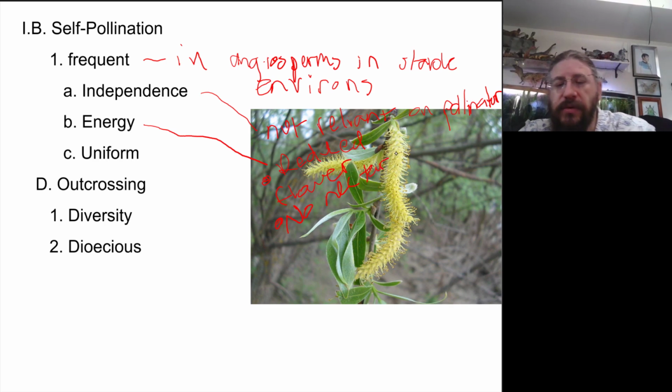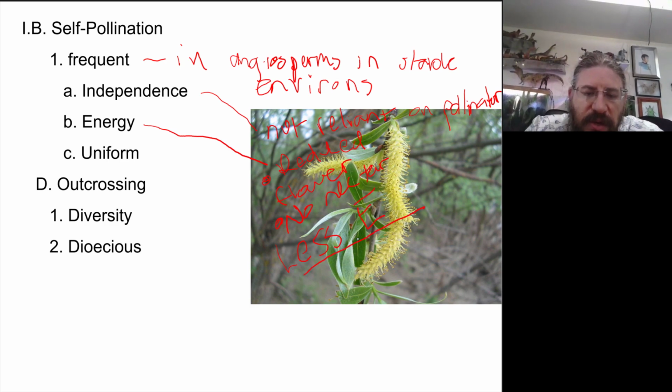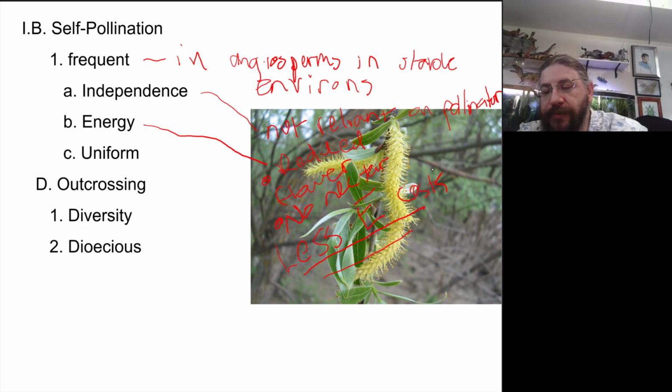So a reduced flower, little to no nectar, right? So this means less energy costs associated with reproduction. And that means more energy for growth and survival.